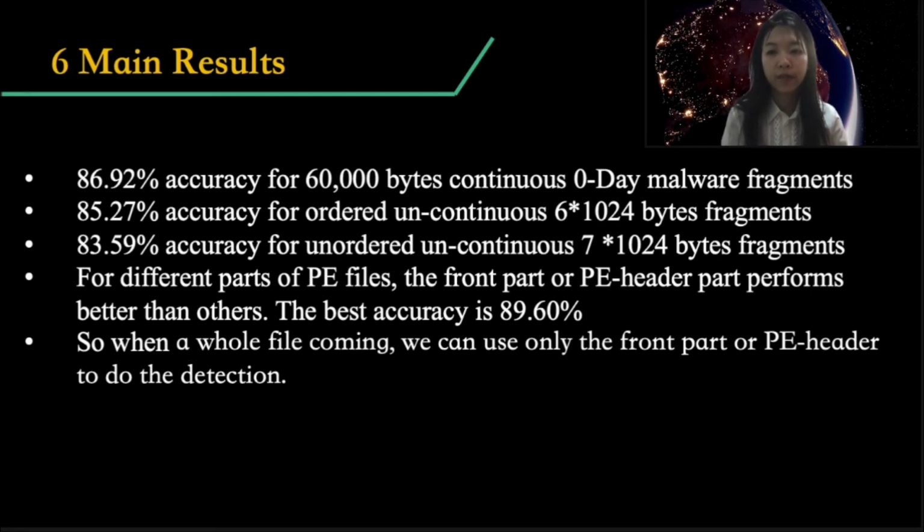And for different parts of PE files, the front part or the PE header part performs better than others. The best accuracy is nearly 90%. So when the whole file comes, we can only use the front part or PE header part to do the detection to improve the efficiency.